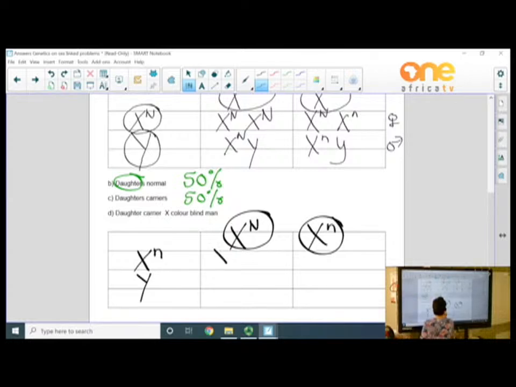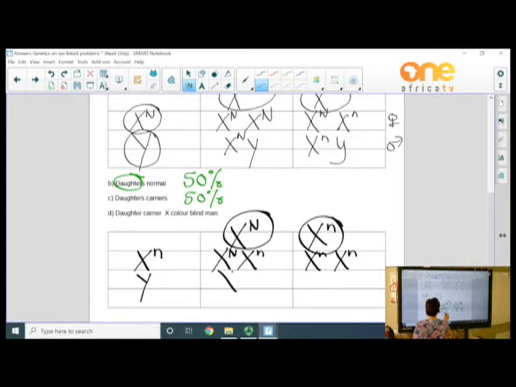They will have a carrier daughter and they will have a possibility to have a colorblind daughter.